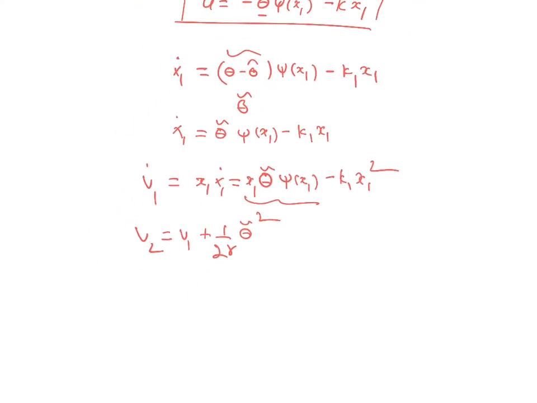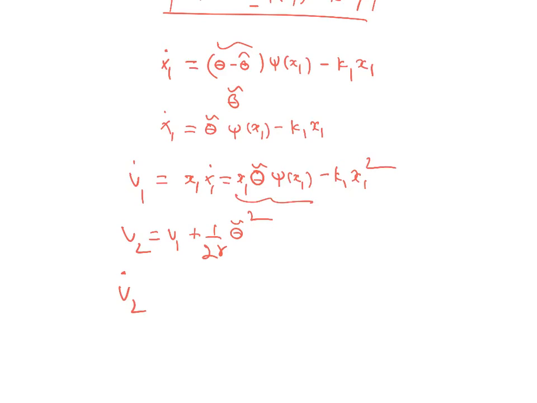And then V2 dot equals V1 dot, which is x1 theta bar phi of x1 minus k1 x1 squared, and this becomes minus 1 over gamma theta bar into theta hat dot, right?